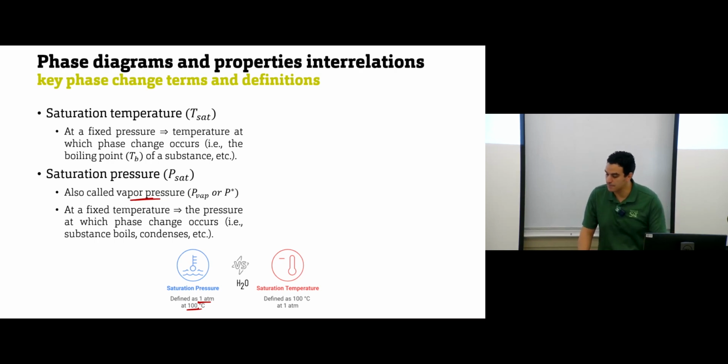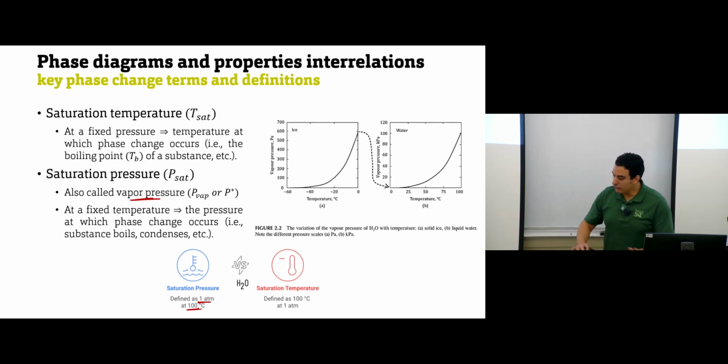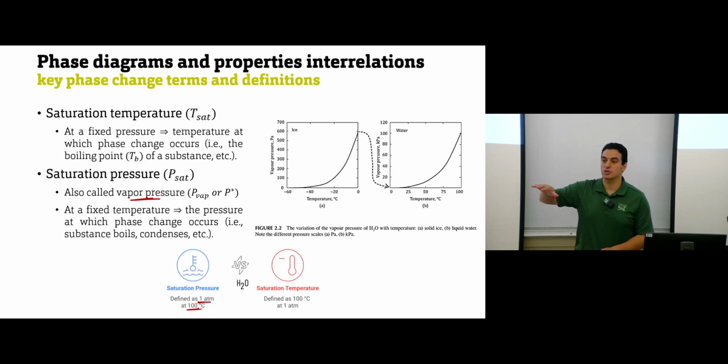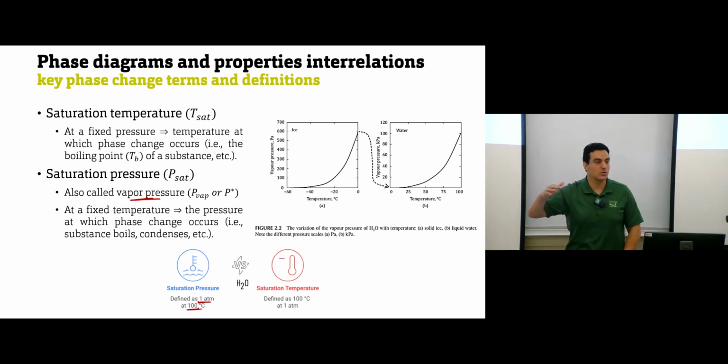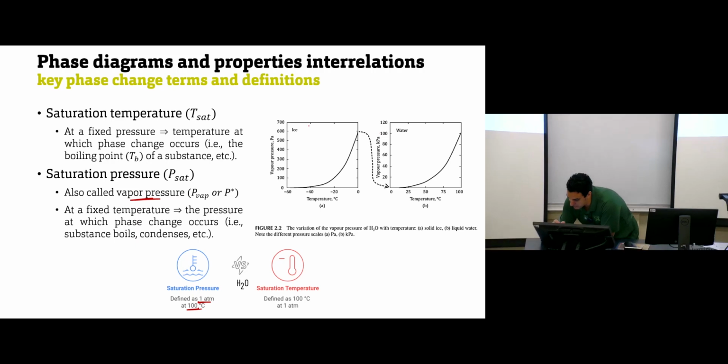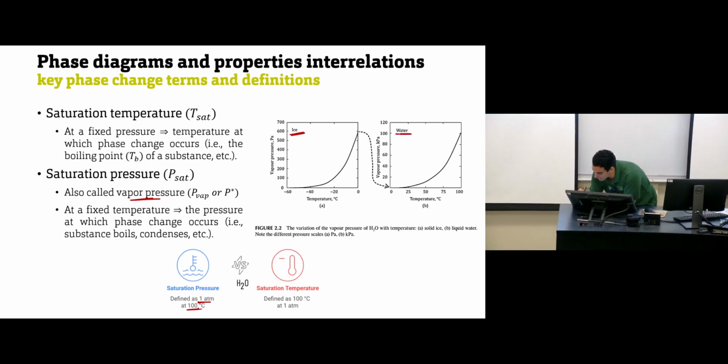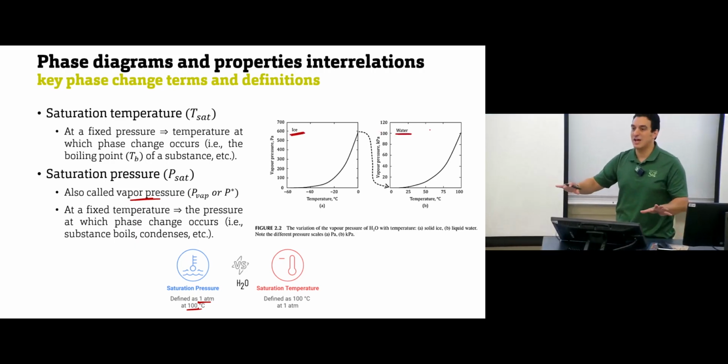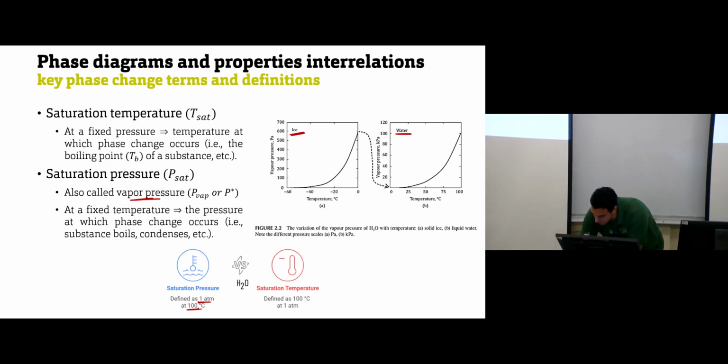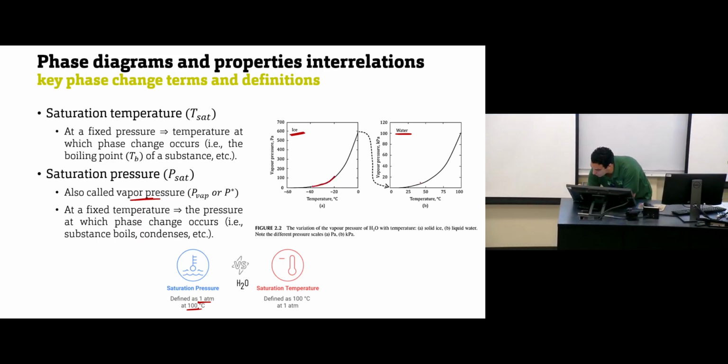If we change any one of them, this is the relation between them. If you change the pressure, the saturation temperature will increase. Even if this figure is for ice and this one for water, they always have the same trend. Changing any one of them will change the other one.